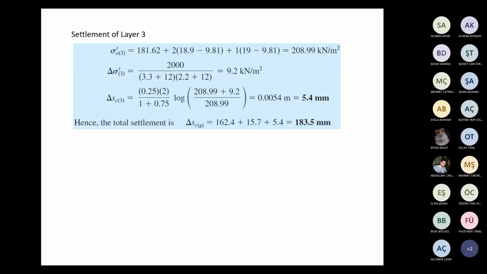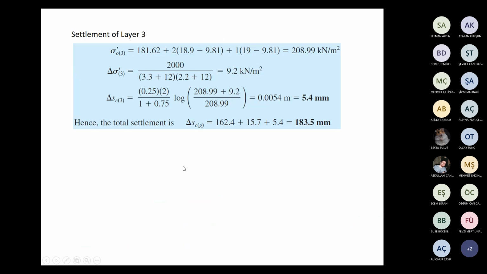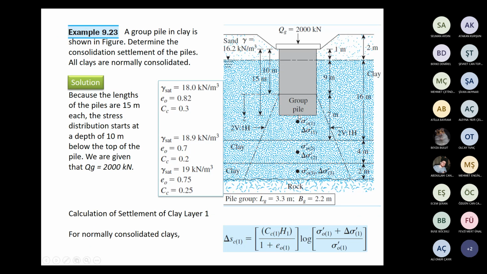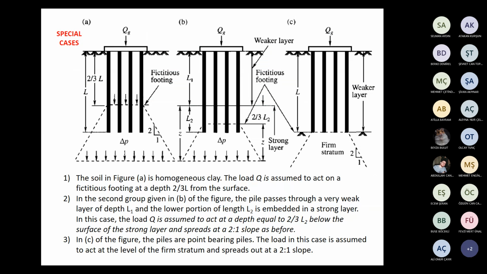Let us go into details somehow, and let us talk about special cases in group analysis. This type of group analysis is simple or basic analysis, and we have to consider some conditions, some special cases, as shown in these three figures. The soil in figure A, this figure, is homogeneous.